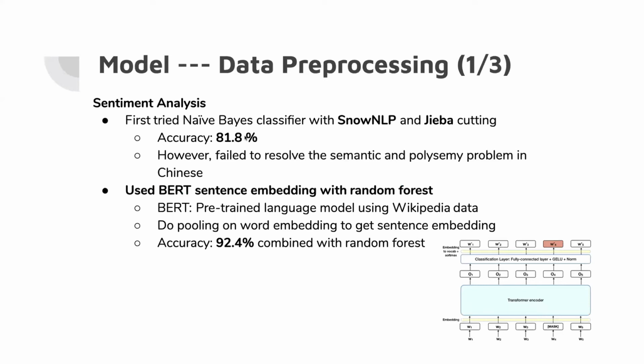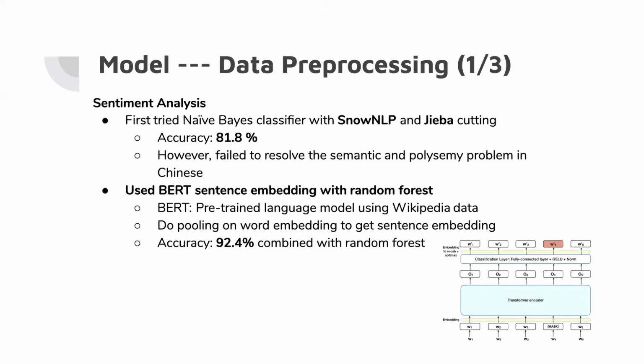Okay, now we are going to introduce more details of our data pre-processing. For the sentiment analysis, we use SnowNLP, which is a Python library that focuses on Chinese. Before putting the sentences into SnowNLP, we need to use another tool called Jieba. This tool can help us cut a sentence into pieces, like phrases or words.